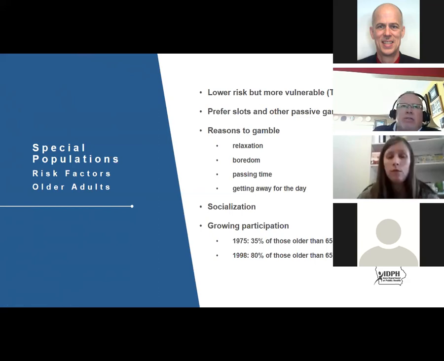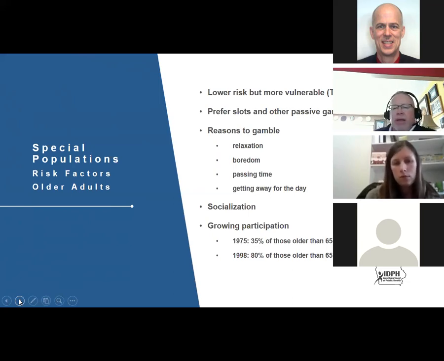There are lots of senior centers and places that will pick them up and take them to casinos and bingo and places like that. They use that as a social event, but sometimes they get themselves into trouble as a result. In the last part of the slide, you can see that back in 1975, only 35% of older adults, 65 and older, had gambled.